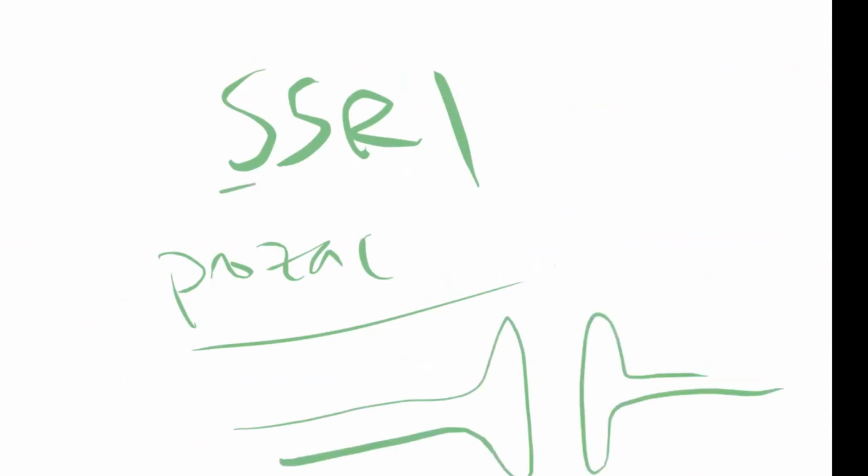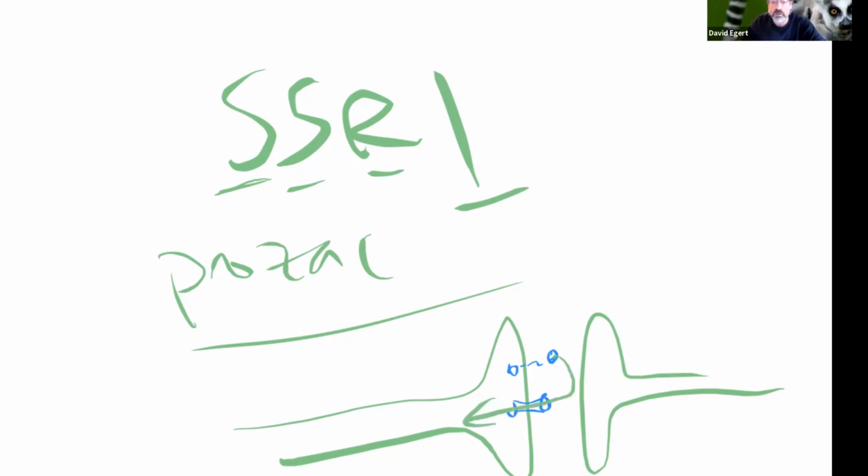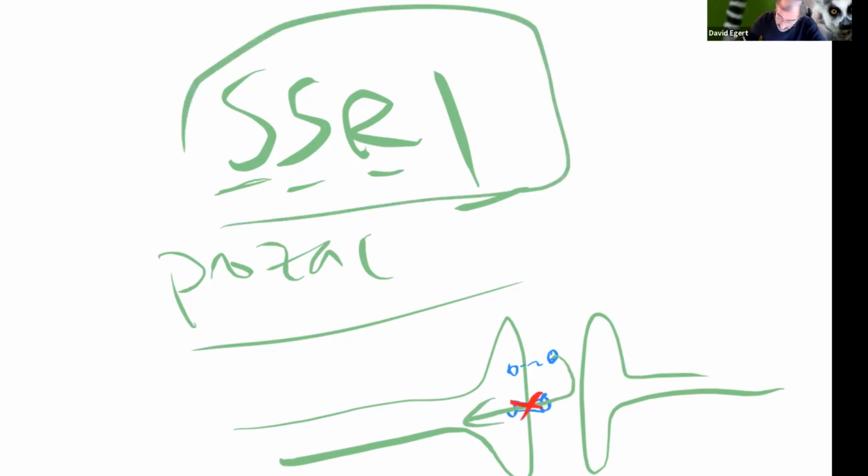Yeah, a selective serotonin reuptake inhibitor. Normally, you release the serotonin, and then there are little pumps that pull the serotonin back in so you can use it again. The SSRIs block that process, and then you build up more serotonin in the synapses.